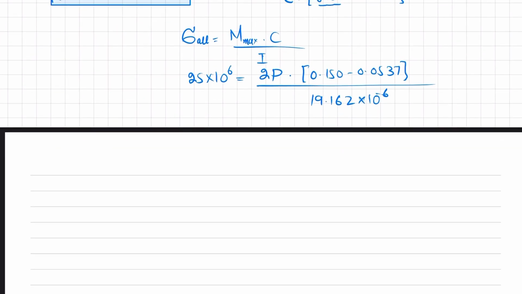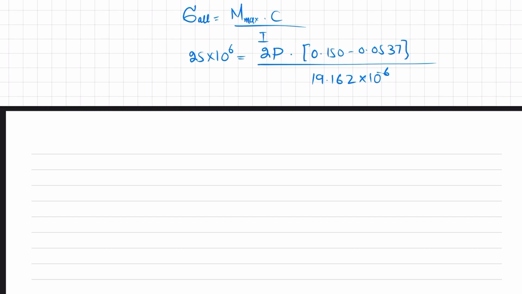So when you solve this, you will get the value of P, and P will be 2.49 into 10 raised to power 3 Newton, or P will be equal to 2.49 kilonewton.